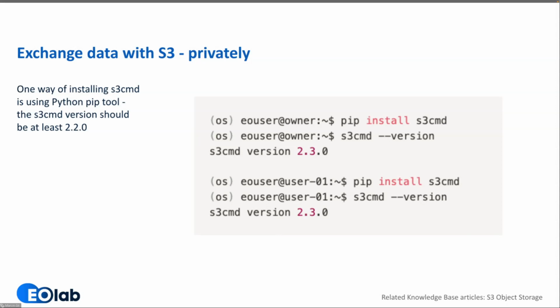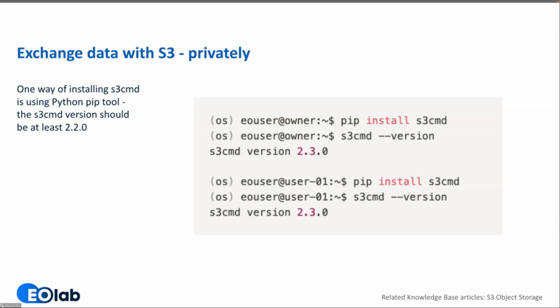But I think a more convenient way is to do it with pip install, especially since you have already installed the Python environment. So when you are in the Python environment and you do pip install s3cmd, you will get the newest version. You can also control which version you want. So this is also convenient.